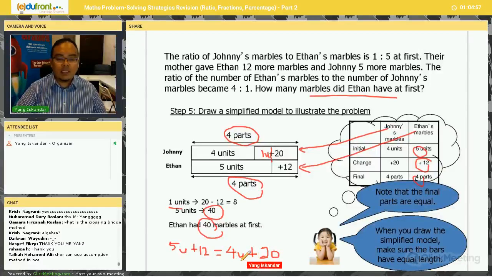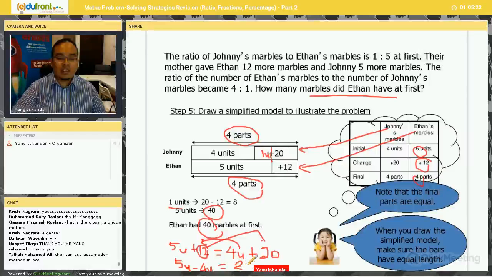So what you need to do here, you bring the 4 units to the other side of the bridge. So you get 5 units minus 4 units. I think this is what Zafir is mentioning about going to the other side of the bridge. Very interesting analogy. So the 12, you bring to the other side of the bridge.